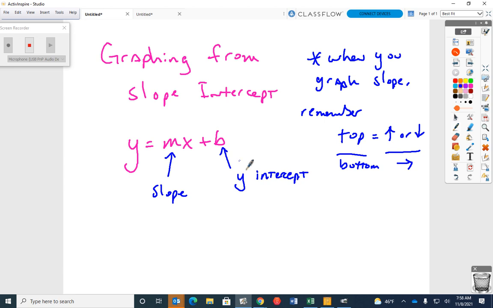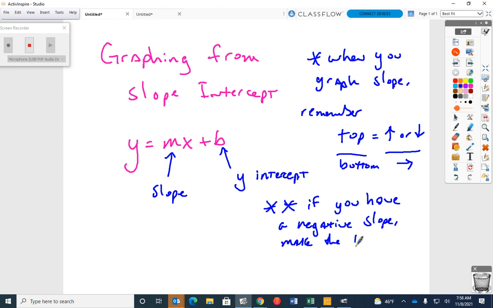Okay? Now, this is also important. If you have a negative slope, make the top number negative.